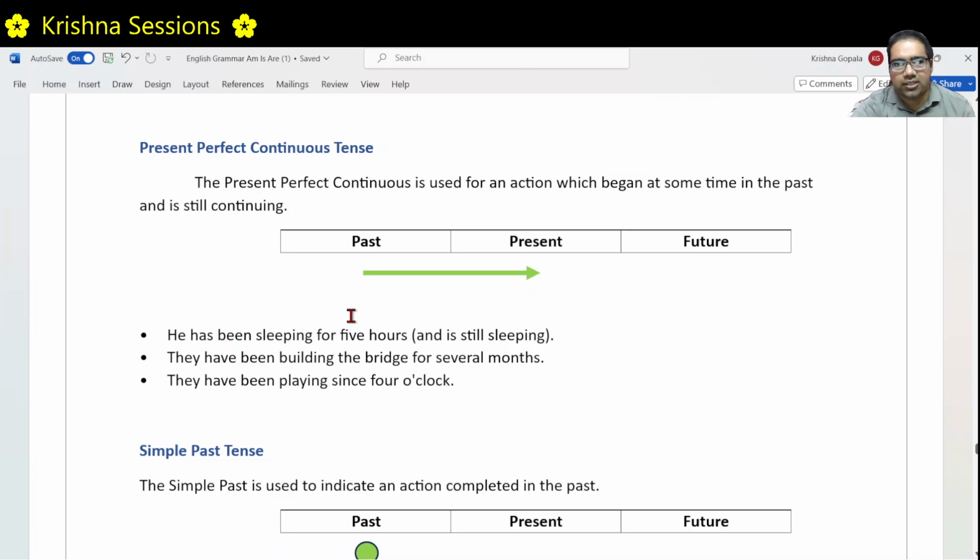We will try to understand in more detail. First, we will try to understand broadly what all the tenses are, and then we'll go one by one and understand them in detail, and then understand the differences between different types of tenses, when to use what, when there is a confusion.